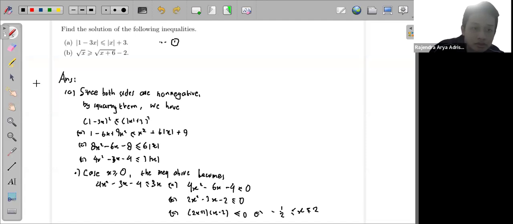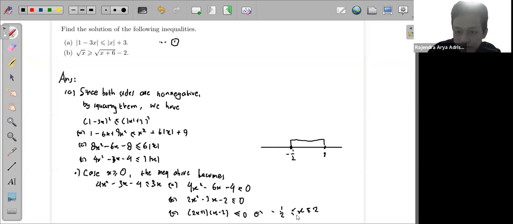So let me draw a number line up here. Okay, the temporary solution is here, this region here. And the requirement, it must be a non-negative number.